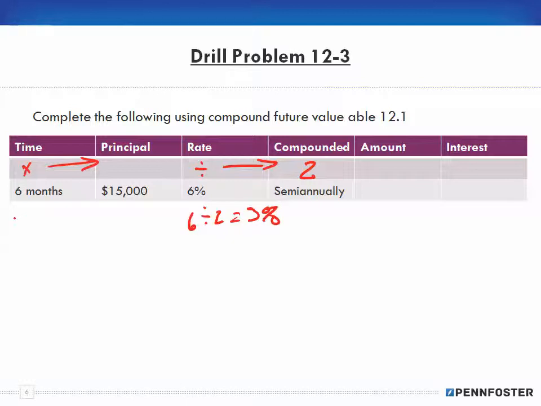Now, here's the thing with this. For this problem, remember, time is thought of in terms of 1 year, and in 1 year, when you compound semi-annually, there are 2 periods, which is every 6 months. Well, what's our time frame? It's already 6 months. So we don't need to do anything to that because it's a compounding period of 1.